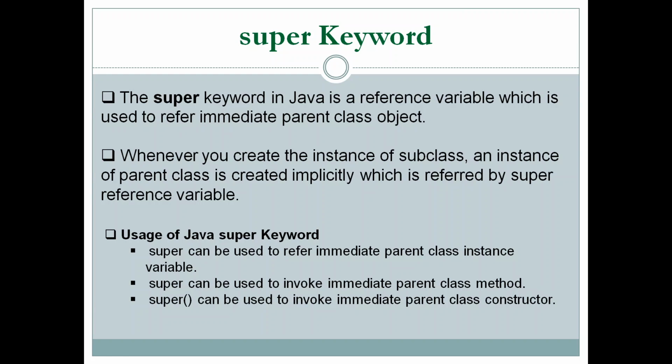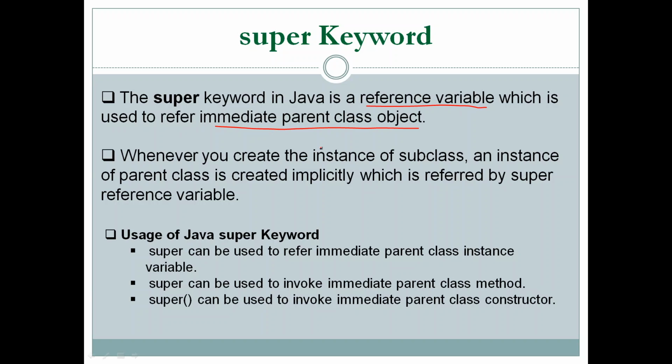Super keyword in Java is a reference variable which refers to the immediate parent class object. Now, to refer to the immediate parent class in an inheritance relationship, the super keyword is used.